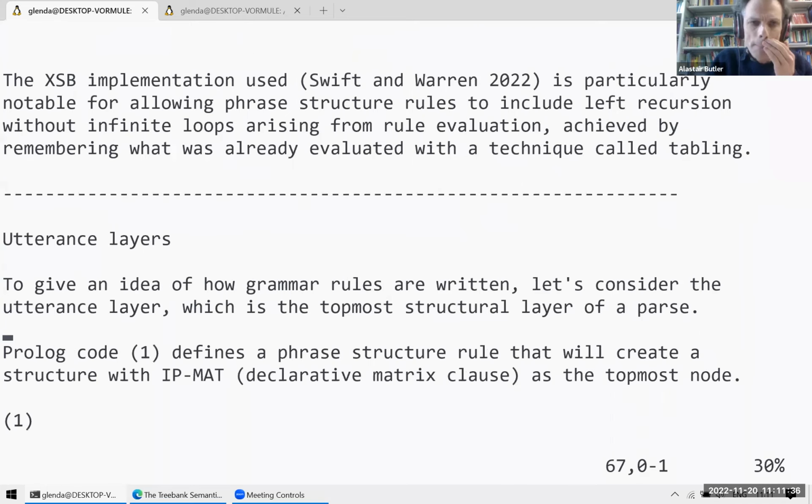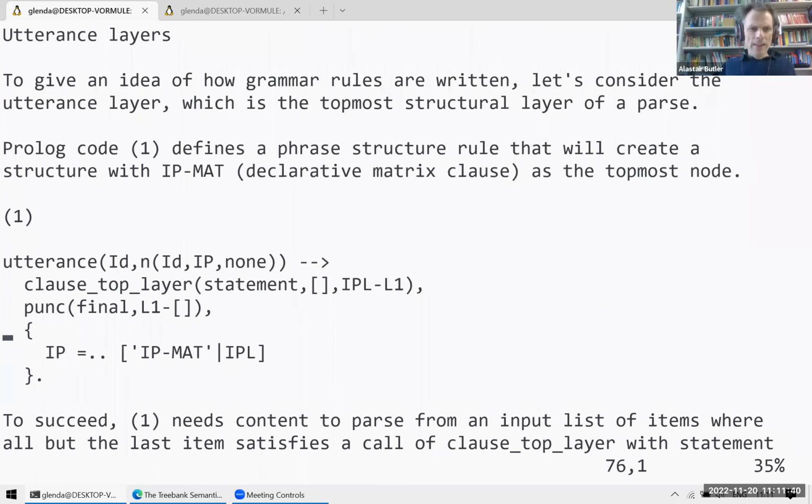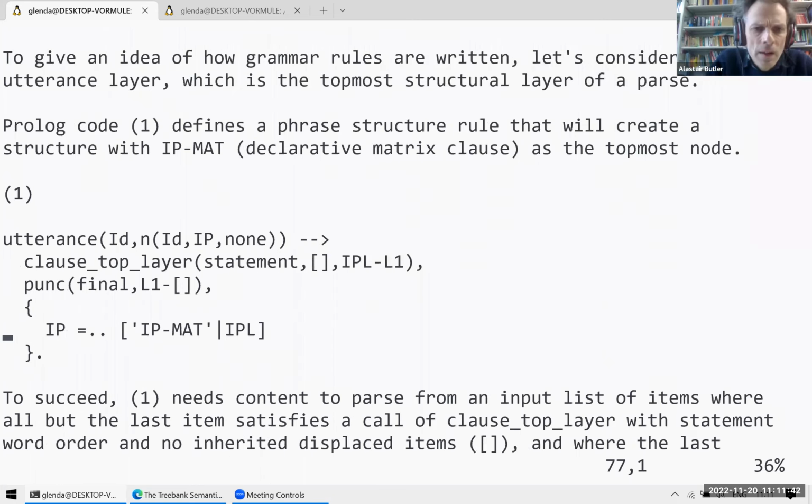Okay, so to give you an idea of the kind of rules that are created, here's a very simple rule for the utterance level of the parse. This is basically a rewrite rule that's saying I found an utterance if I happen to have found content for a clause top layer and a punctuation.